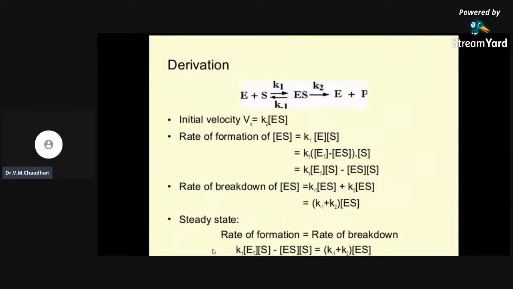So the derivation of Michaelis Menten equation starts with the equation: enzyme plus substrate forms ES complex, which is converted to product and enzyme becomes free.